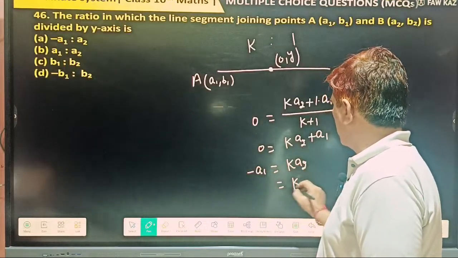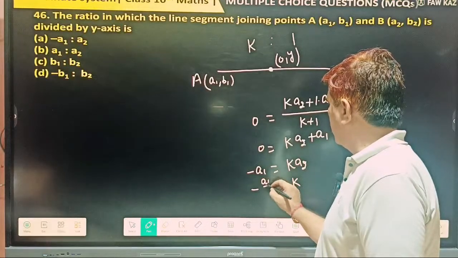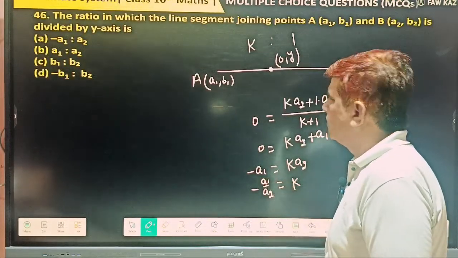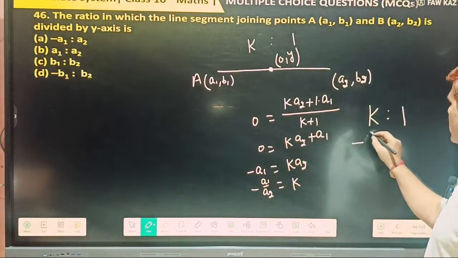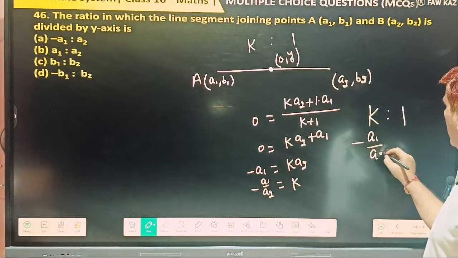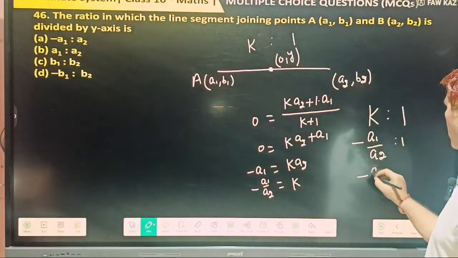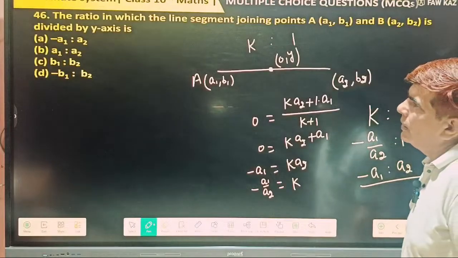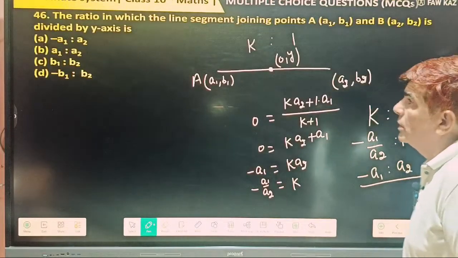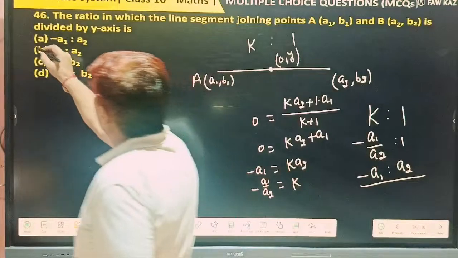So this implies k equals minus A1 by A2. So the ratio is minus A1 by A2 to 1, so minus A1 raised to A2. Is it given anywhere in the answers? Yes, the first one is given. So this is our answer.